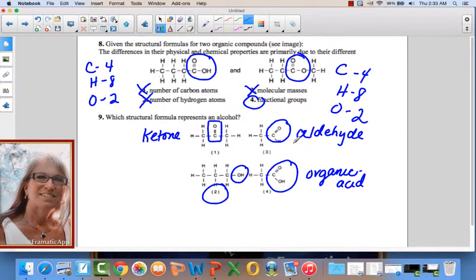One more thing before I leave. Often students, when the OH is written on the other end, don't recognize it as an alcohol. So let me explain this. These two diagrams, choice 2 and the one I just drew, are exactly the same molecule.